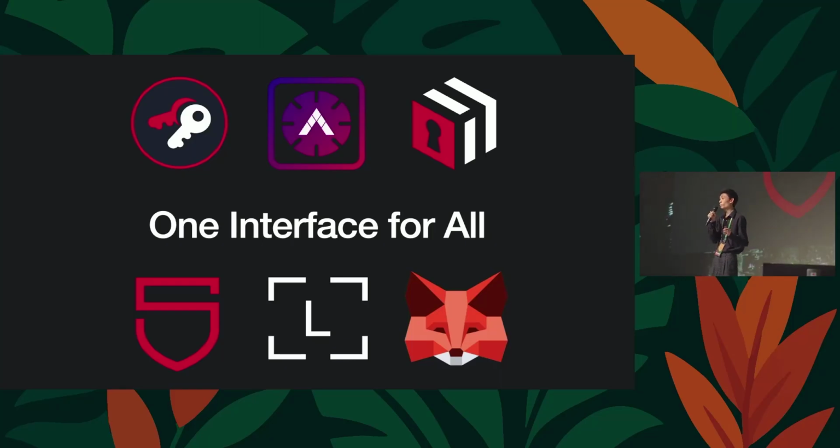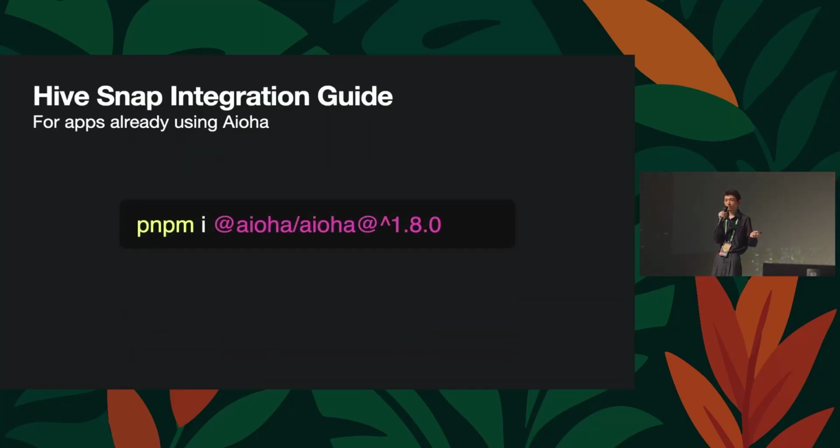If your project is already using Aioha, all you need to do is update Aioha by running this npm update command.